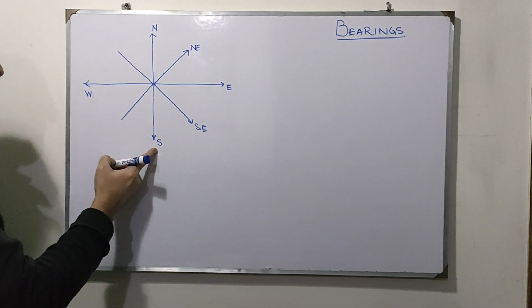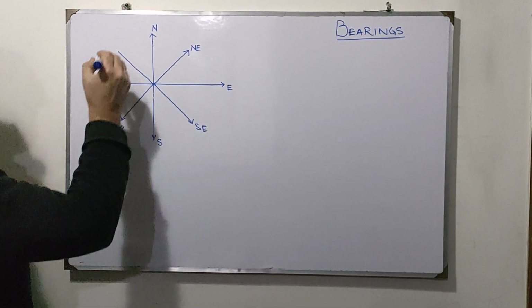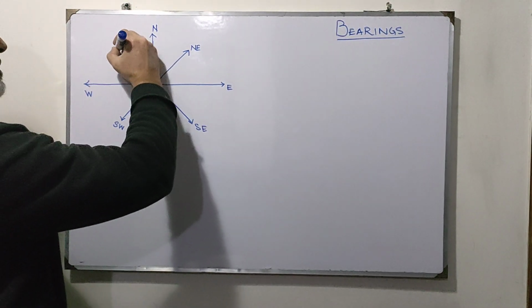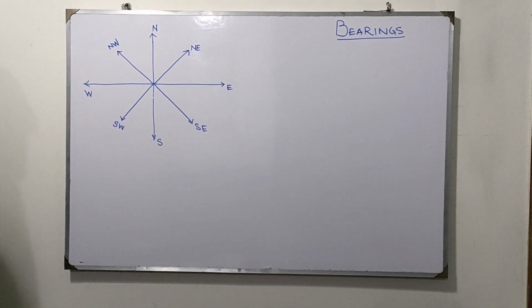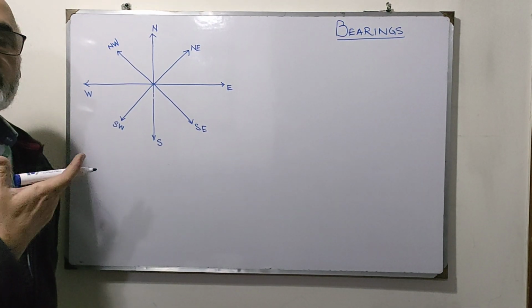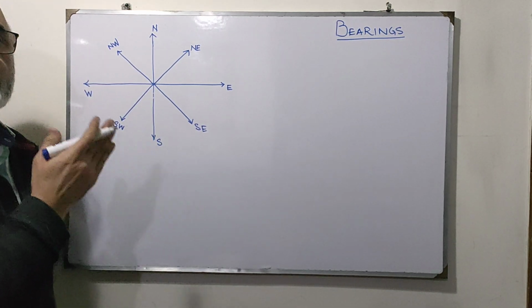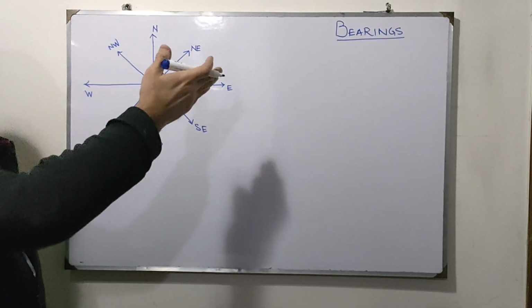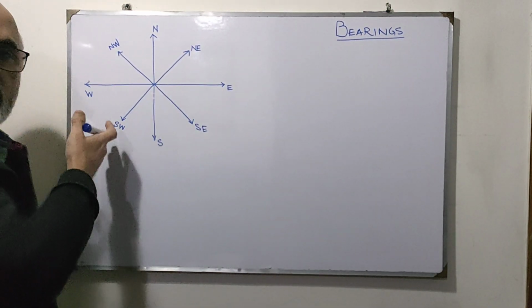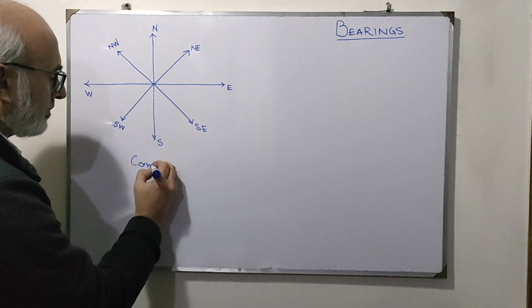This is south and west, southwest, and this is west and north, so northwest. So this is giving us the directions, right? North, northeast, southeast, southwest. These are called compass bearings.